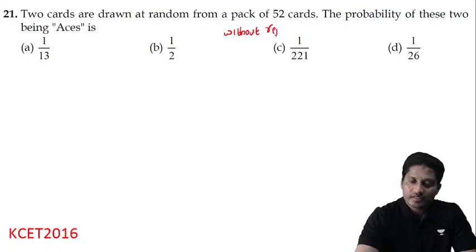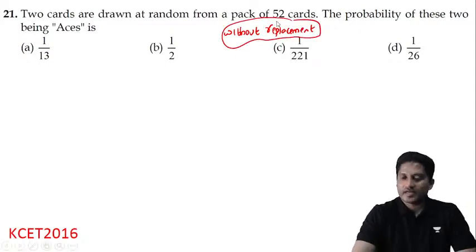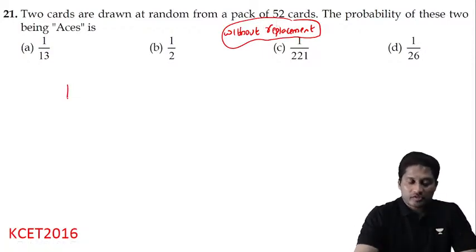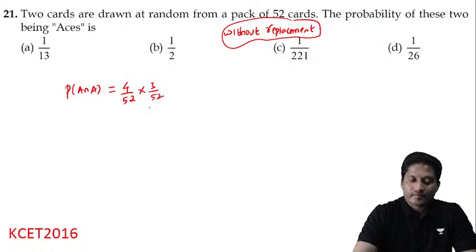Okay, the probability that these two are aces: first should be an ace and second should be an ace. Probability of drawing a first ace is 4 by 52, right? Probability of drawing a second ace is 3 by 52 because it is without replacement. 4 by 52 is 1 by 13.